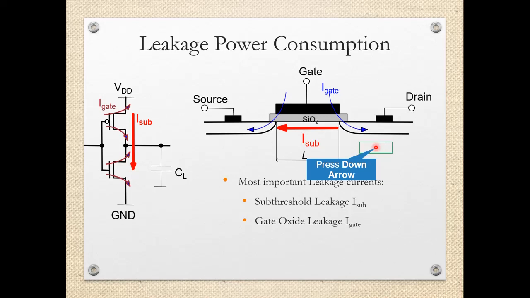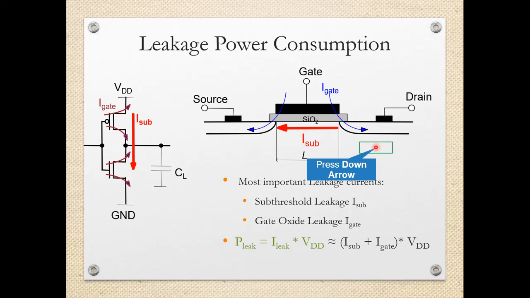And there is another current which will be flowing, that is called the subthreshold leakage current. Actually no current should flow from source to drain or drain to source in a no biasing condition, but a small current is always flowing, that is called the subthreshold leakage current. Because of these two leakage currents, even without biasing, there is always power dissipation taking place, that is called the leakage power.